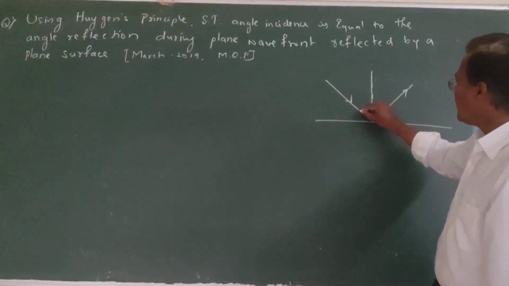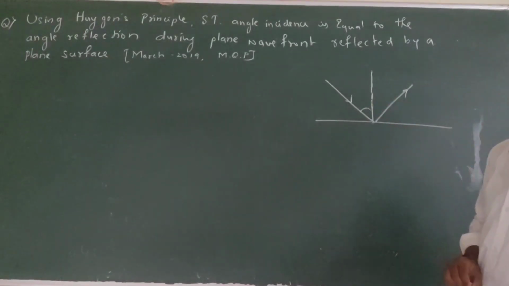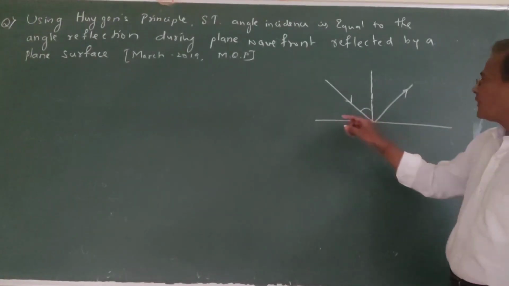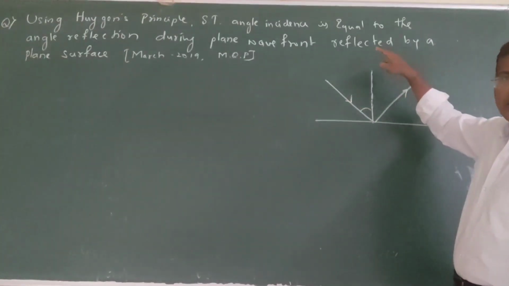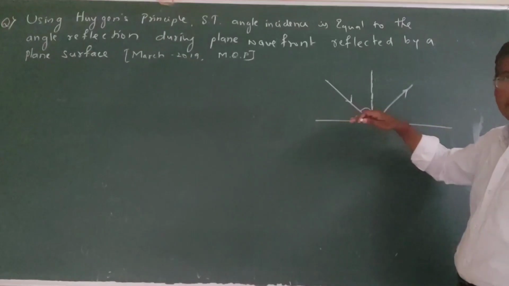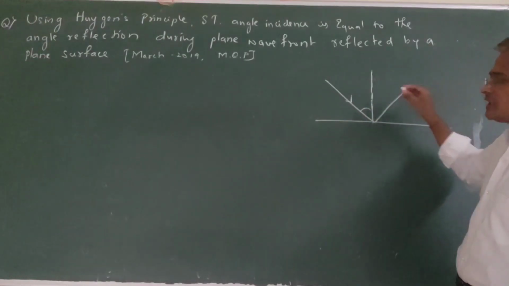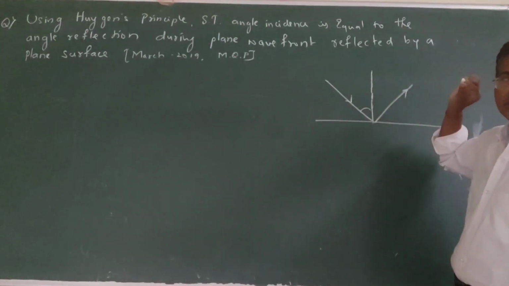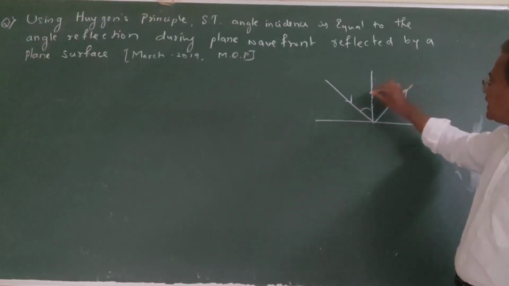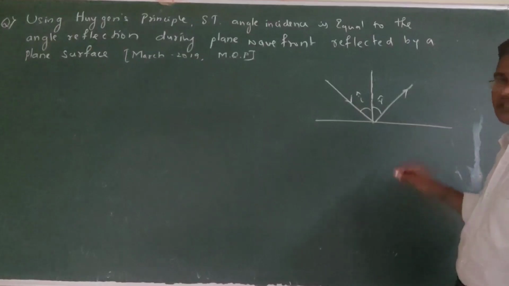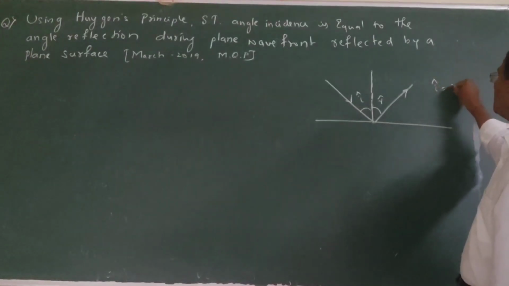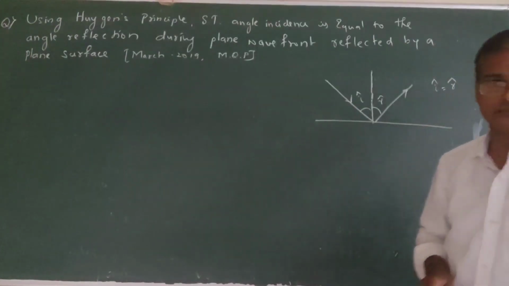According to the law of reflection, the incident ray, the reflected ray and the normal at the point of incidence all lie in the same plane. That is the first statement, and the second one is that the angle of incidence is equal to the angle of reflection, that is angle i equals angle r.